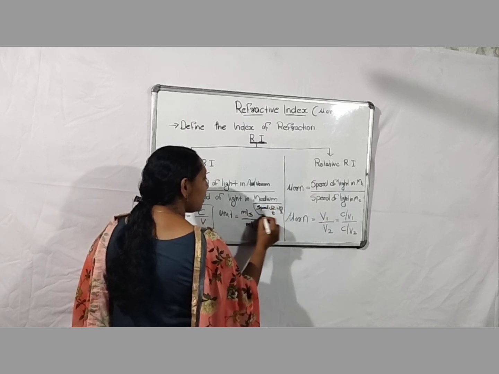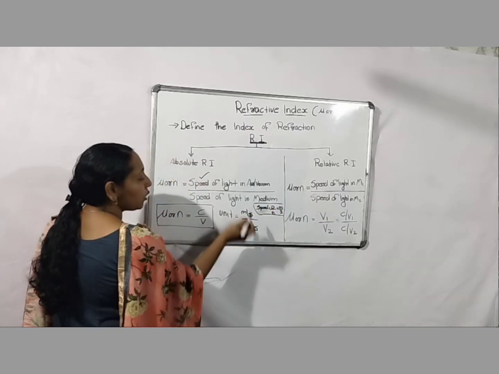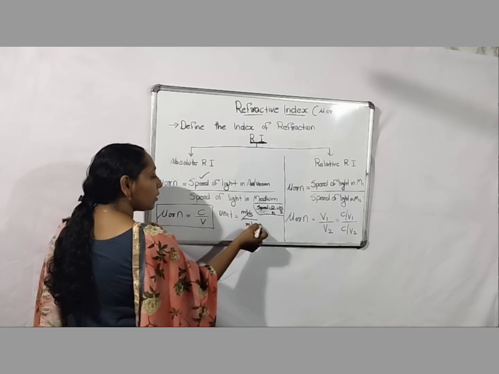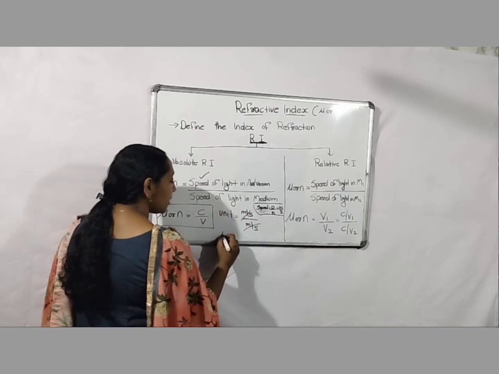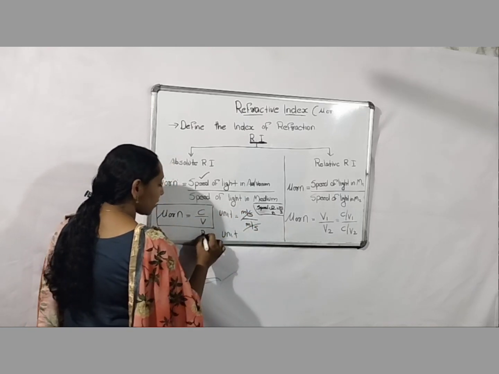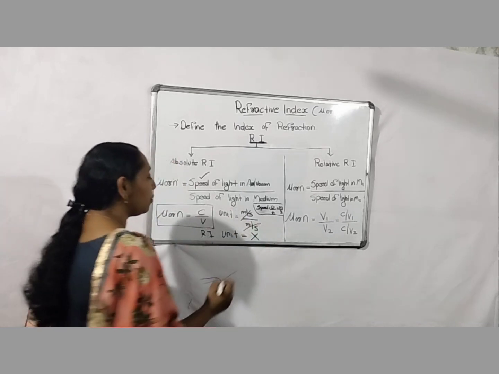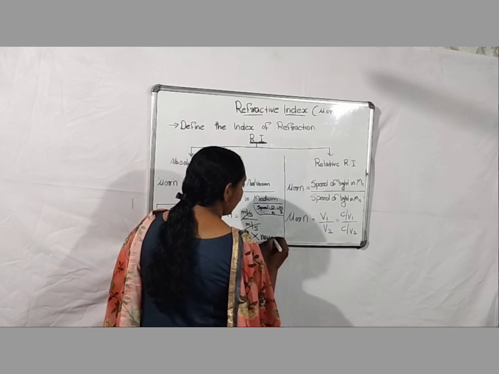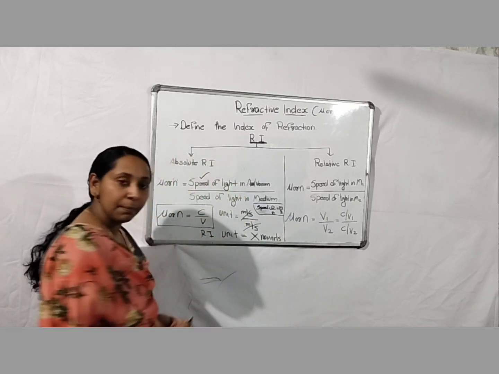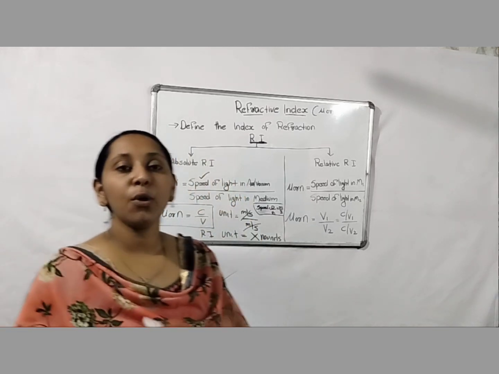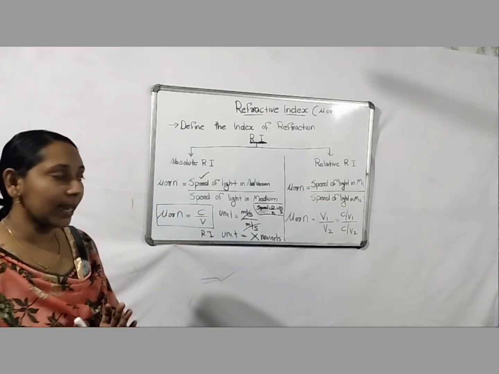That's the reason the speed unit is meter per second. So the numerator and denominator have the same unit. That's the reason the refractive index has no units. Meter per second in numerator and denominator cancel, so there are no units in the refractive index.